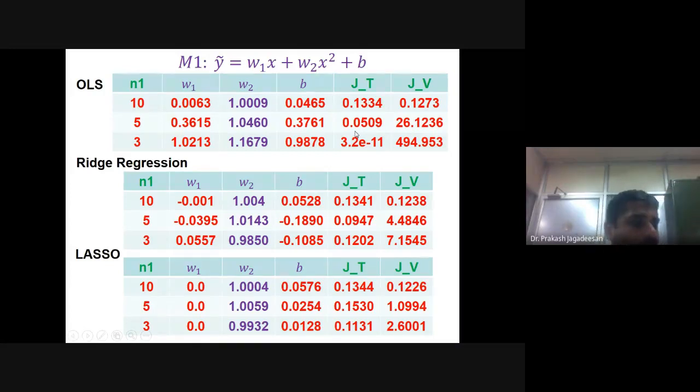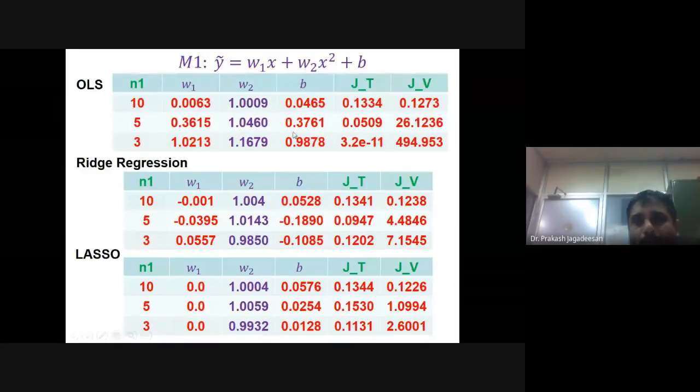Your model is able to capture every change in the training data, so overfitting has happened. Because of overfitting, if you apply a new set of inputs, then the predicted value does not exactly match the true value.